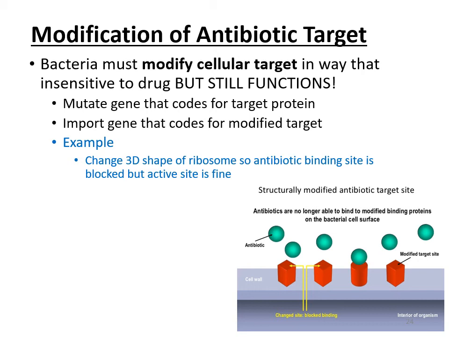That bacteria will survive. The big example of this is a lot of times you'll encounter bacterial cells with a slightly different shape to their ribosomes. So if the antibiotic is meant to bind to the ribosome, but that ribosome is the wrong shape now, the antibiotic can't do its job and that bacteria will survive.